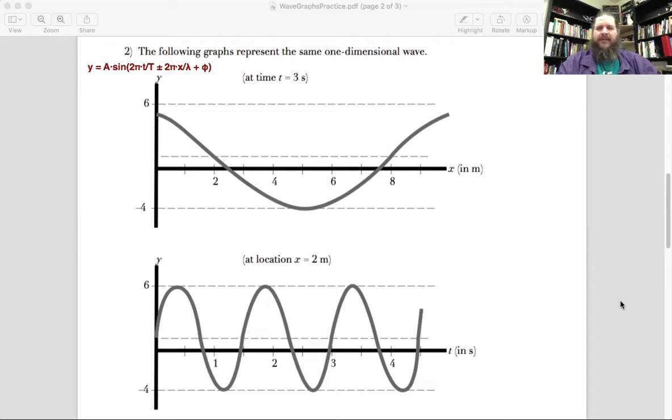Or how do we define amplitude in the first place? That's the distance from where to where. Yeah, one way is to, well, actually the 6 plus -4 over 2, that would be the average value, right? What is the average of 6 and -4?